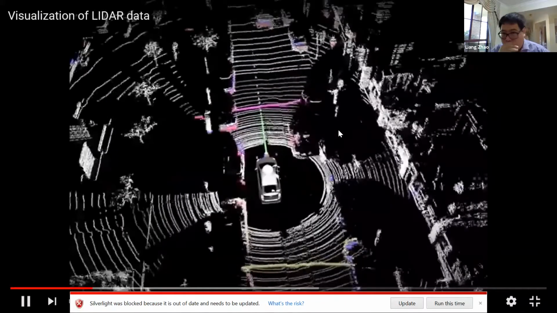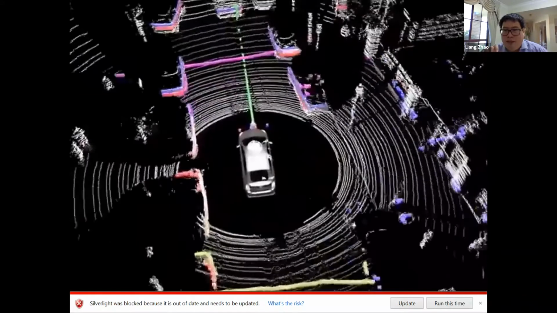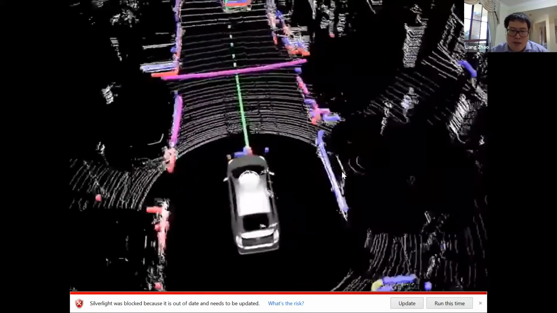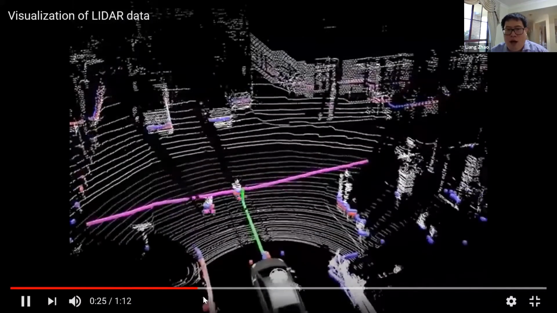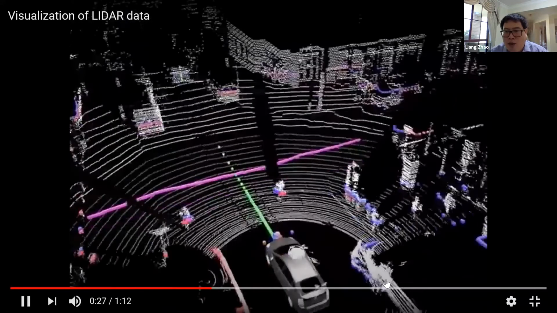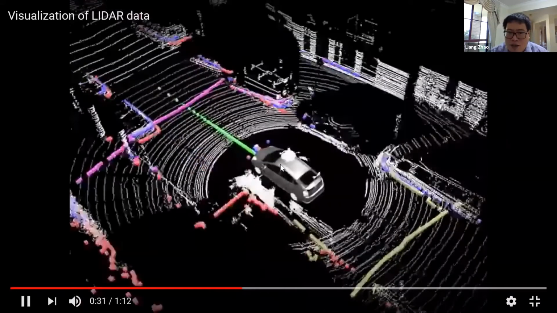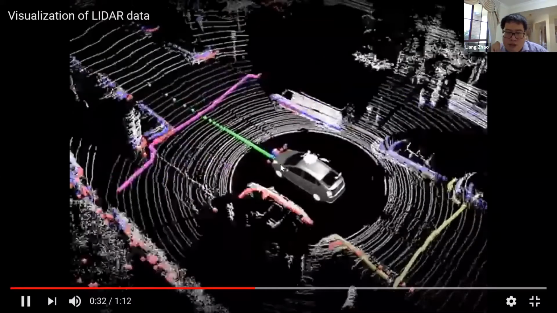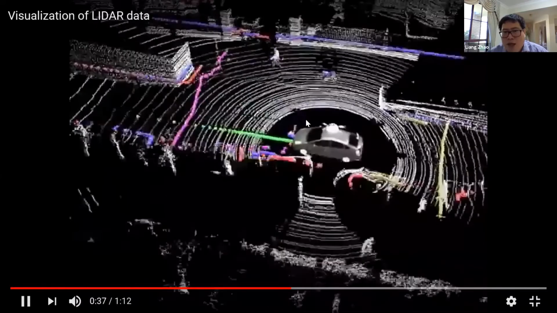The multiple lines are in the vertical direction, so that makes it 3D. Also, the scanning angle is 360. It's 360 in angle and multiple lines in the vertical direction, and they use it in autonomous driving.